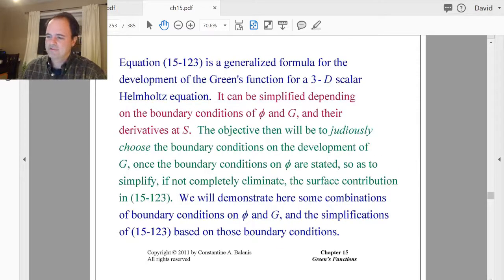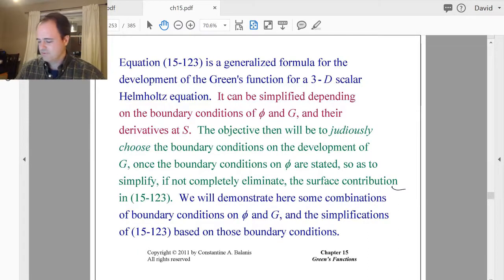And this is a generalized formula for the development of Green's functions for a 3D scalar Helmholtz equation. It can be simplified depending on the boundary conditions of phi and g and their derivatives at S. The objective will be to judiciously choose the boundary conditions on the development of g once the boundary conditions on phi are stated, so as to simplify, if not eliminate, the surface contribution.